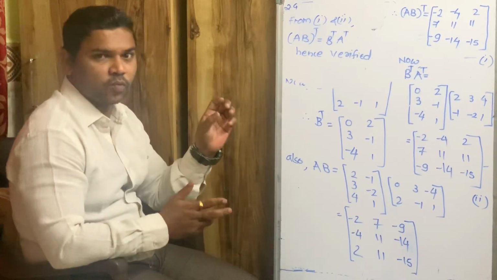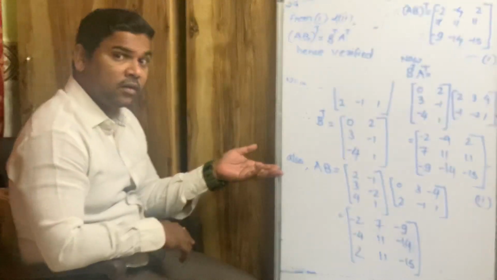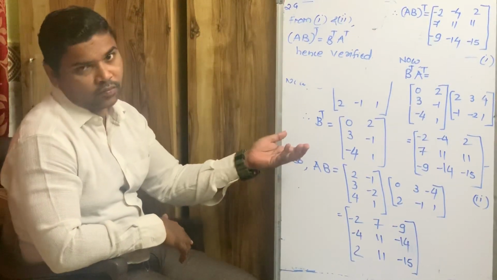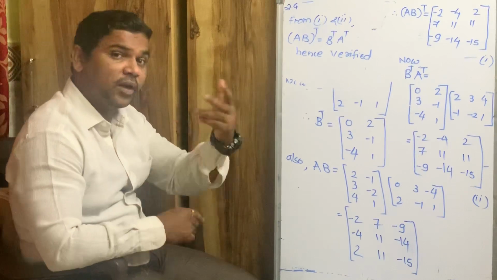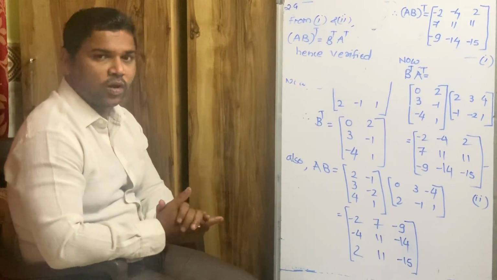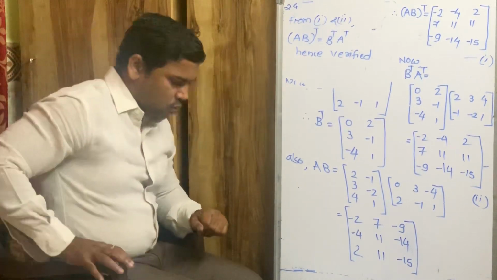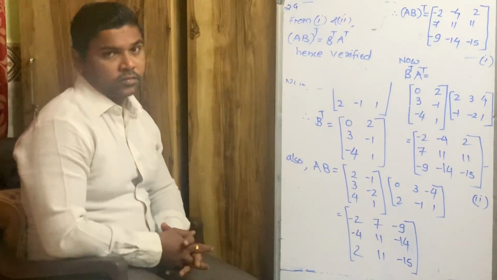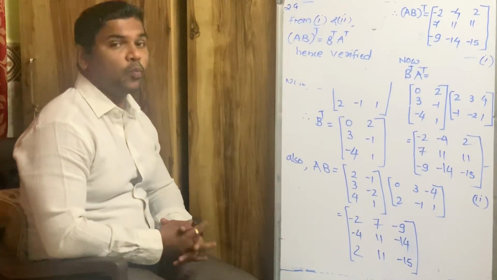So BA transpose is equation number 1, and then A transpose into B transpose. Just make a multiplication. That will be equation number 2, and then you can write down the final answer. Are you getting it? So here we have covered complete exercise 2.4.